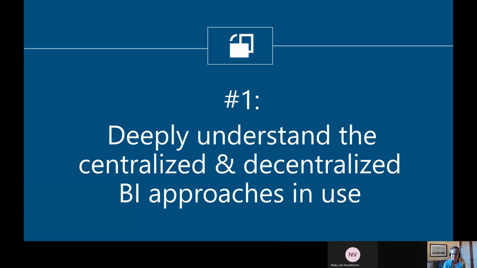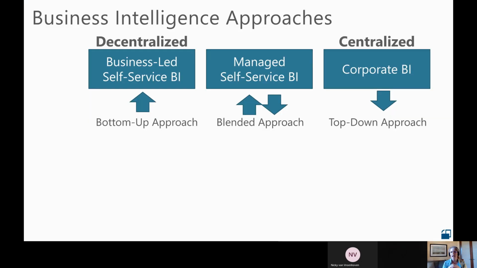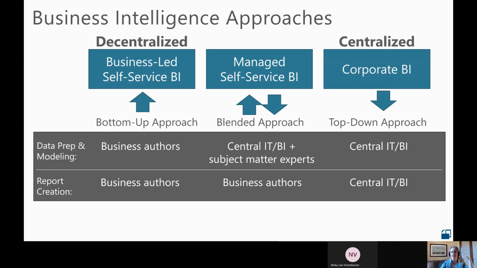So to jump in, number one of our 10 that we're going to run through. The first thing is to really deeply understand what's happening from a centralized versus decentralized perspective. And so you've seen a version of this before. First column is very decentralized. The business authors are managing, preparing, delivering the data end to end.